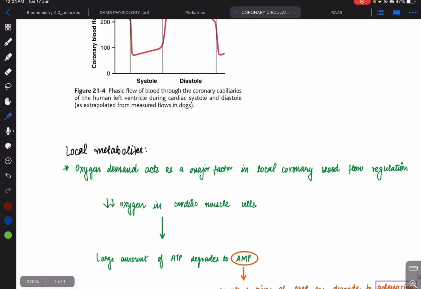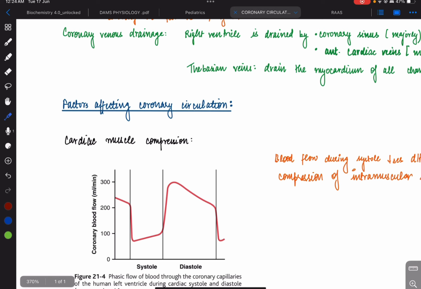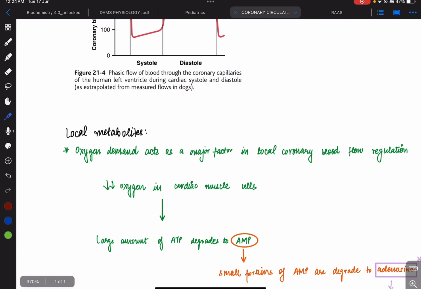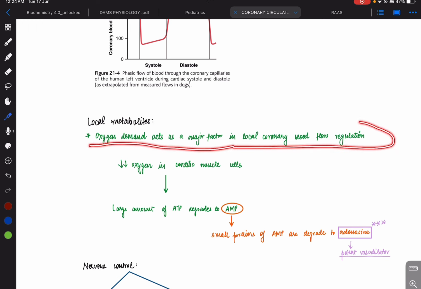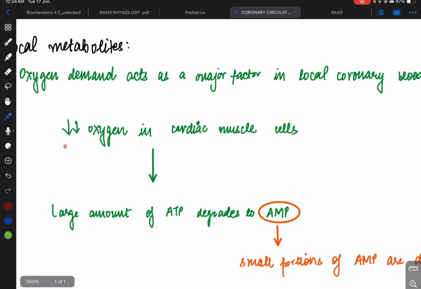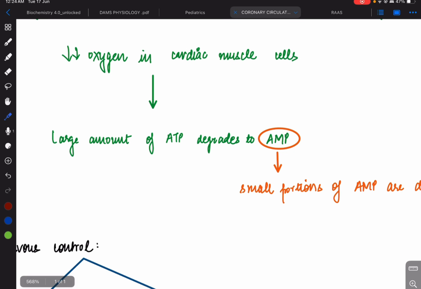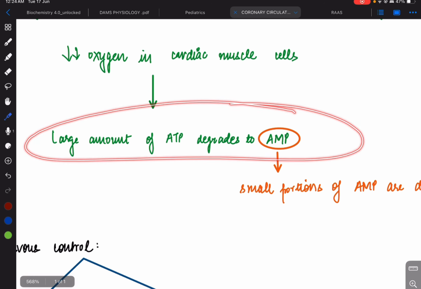The next factor that affects the coronary circulation is local metabolites. You need to know that oxygen demand acts as a major factor in local coronary blood flow regulation. Whenever there is a decreased amount of oxygen, or hypoxia, in cardiac muscle cells, a large amount of ATP converts into AMP.